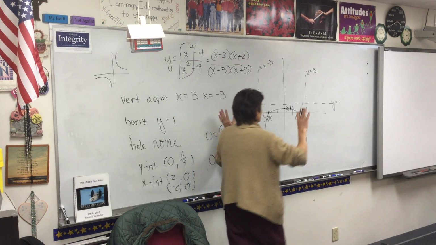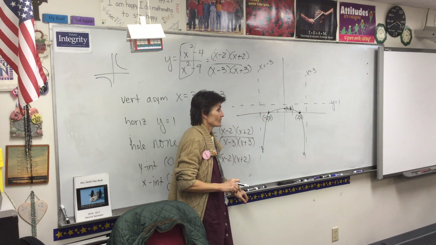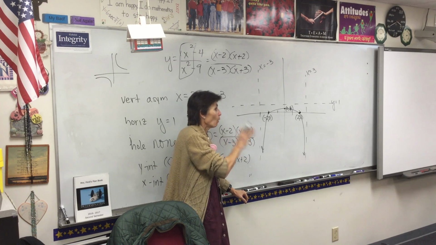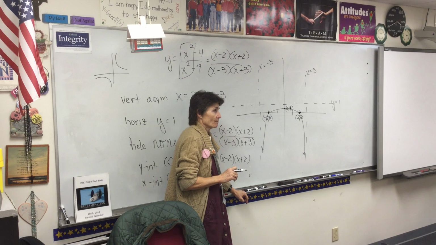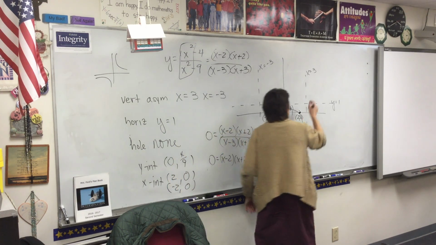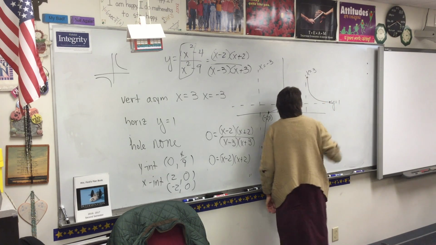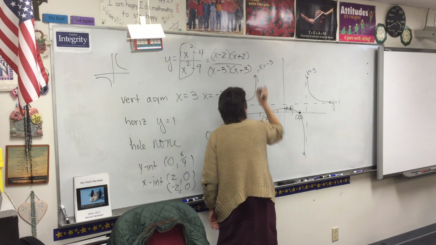Any idea what's going on out here on the ends? Nothing. Oh no, there's something there. The whole graph's gonna be filled in. Well, over here, you're going to have this. And over here, you're going to have this.